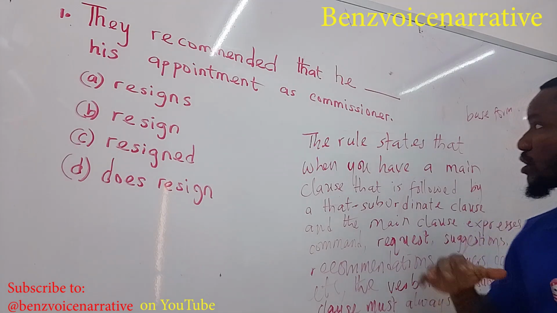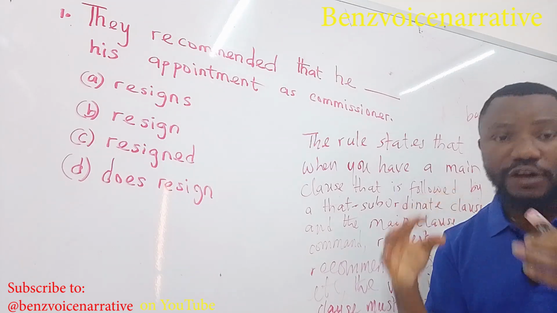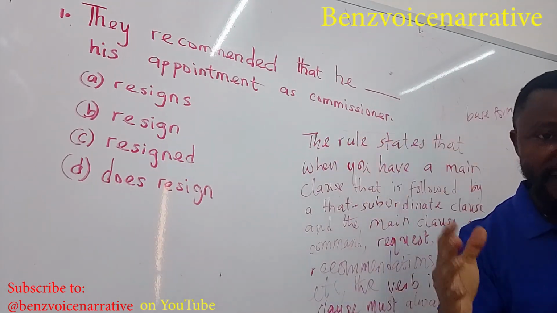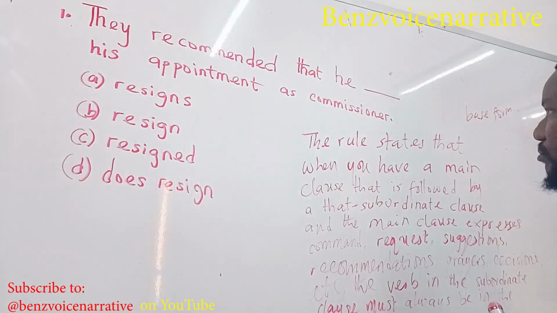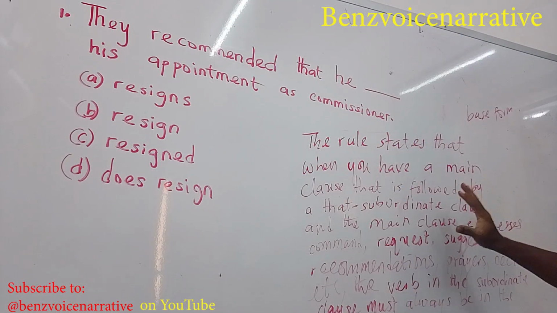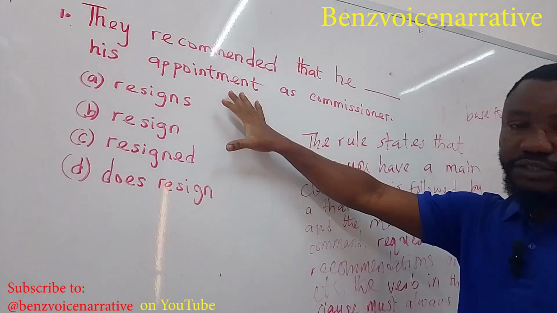I've explained what the base form of a verb means: a verb that doesn't have es, no s, no ies. So let's use this rule to answer the question here.